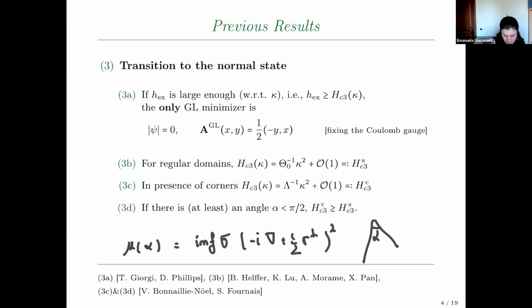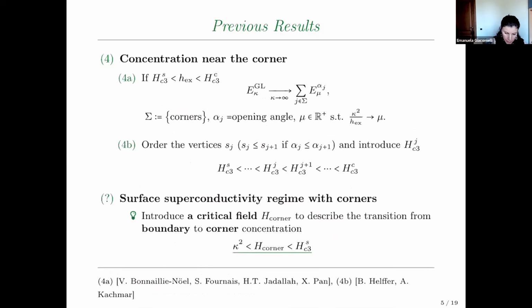So you see that in presence of corners, you could have some more phenomena. And in fact, you can also try to discuss the concentration of superconductivity close to the corner.